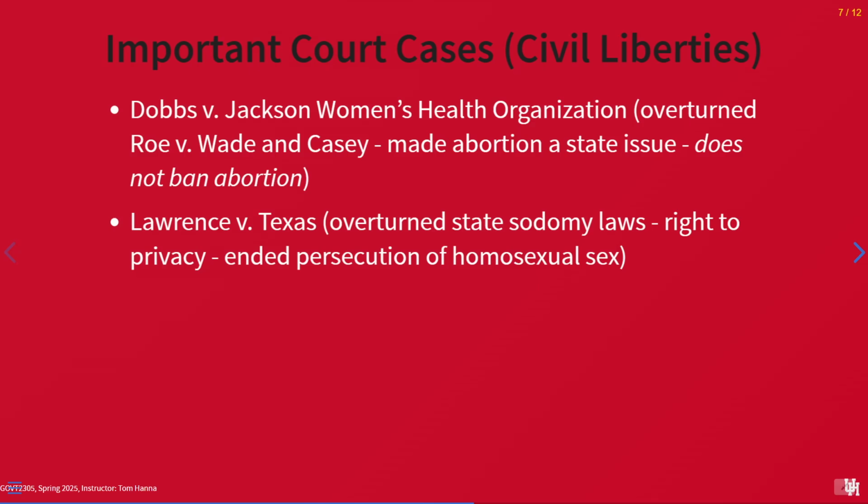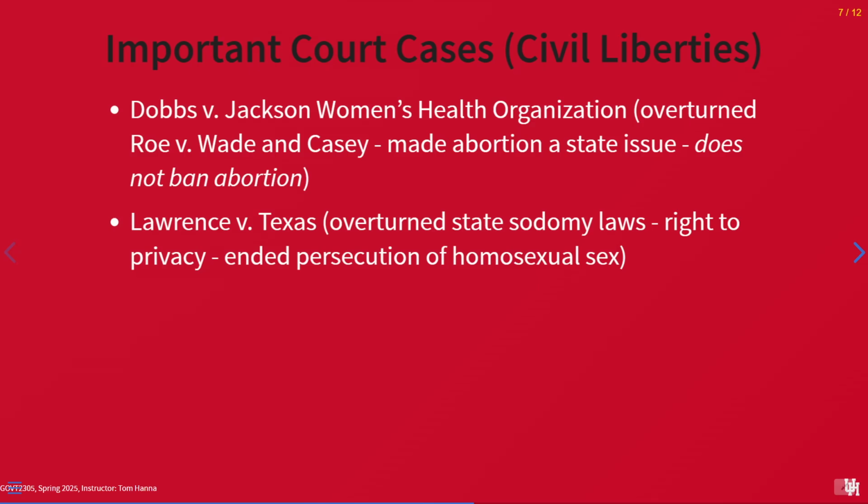So the U.S. has a full range of laws, and it is not a national issue. There cannot be a national ban of abortion under Dobbs versus Jackson Women's Health Organization. So this overturned the civil liberties aspect and made this entirely about state interests or state powers.